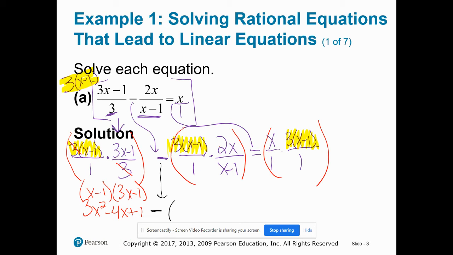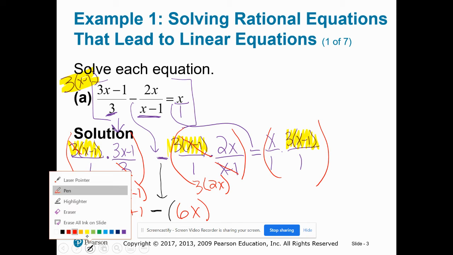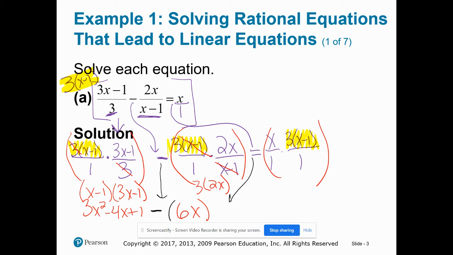In this next set, looking from top to bottom, what can we cross out? Oh, I can cross out the x minus 1s. Those reduce out, and I'm left with 3 times 2x. Well, 3 times 2x is 6x. Bring down that equal sign.